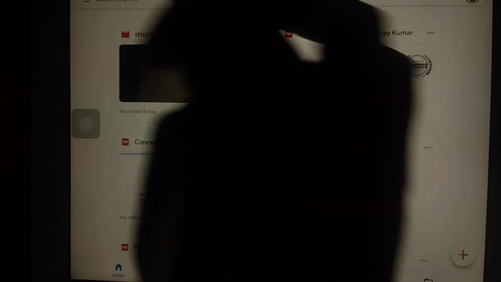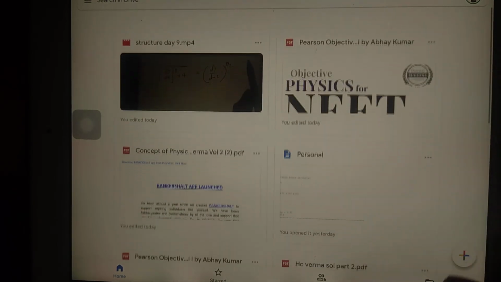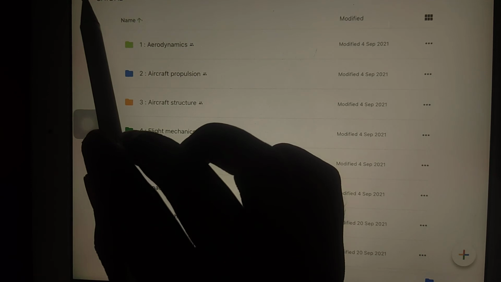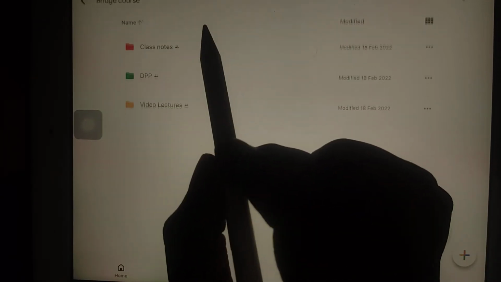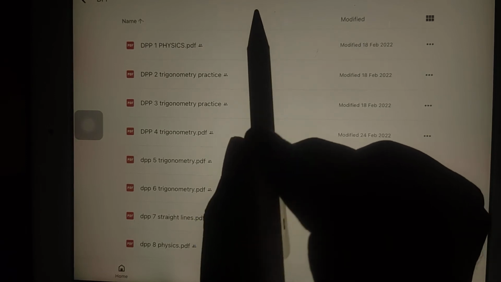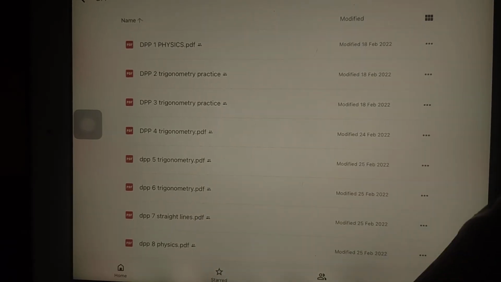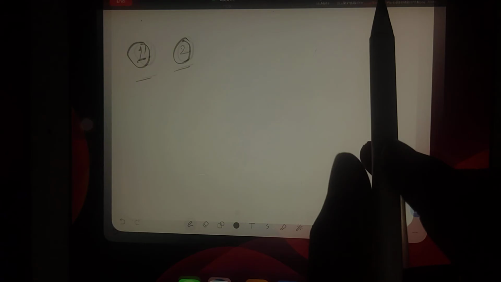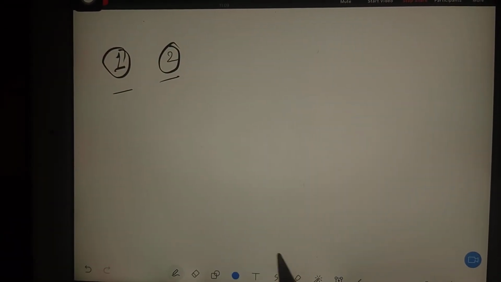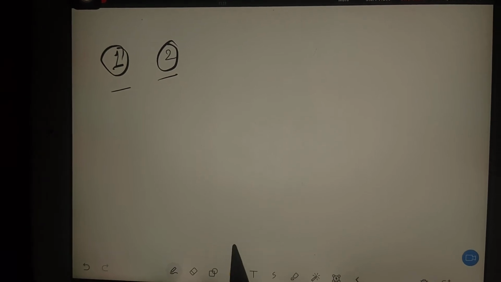Okay, here I have to check. If you go to bridge course, then you have all the DPPs. In this DPP you can solve all the numericals. Oh sorry, I did not share the screen. That's why you are not able to see. In a hurry I was just sharing the screen. Anyway, all the things are there on the DPP.